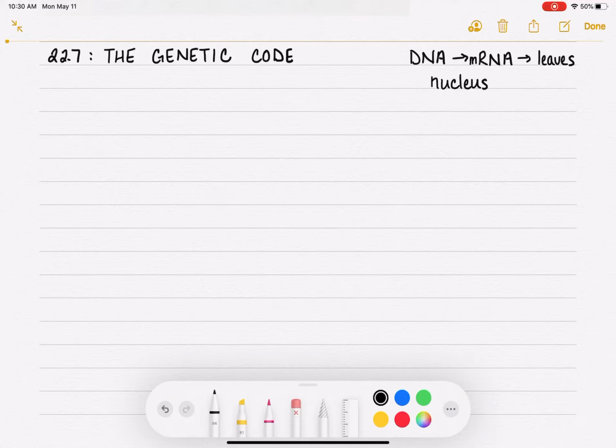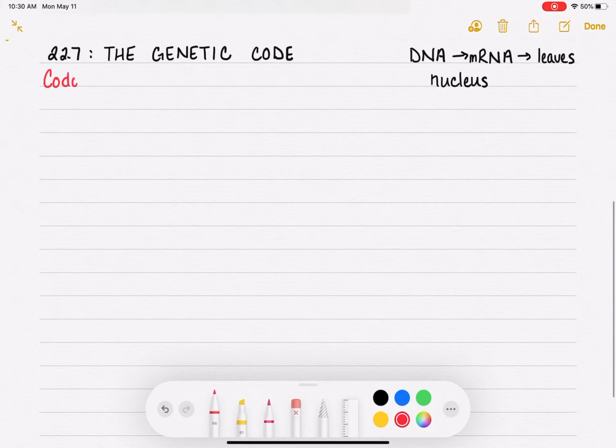And so what we're going to talk about next, and actually the last thing that we're going to talk about for this class, is how the mRNA ultimately synthesizes the protein. Within the mRNA molecules, we have these segments that are called codons. A codon is a set of 3 nucleotides in an mRNA.